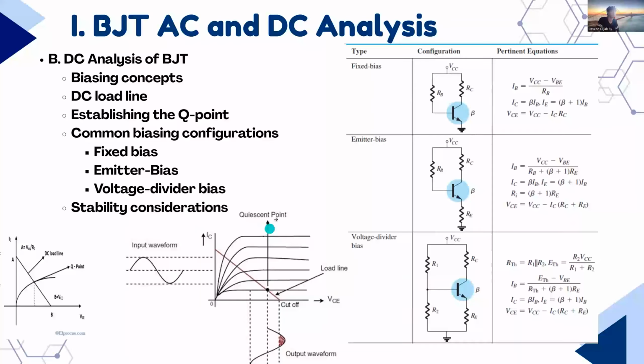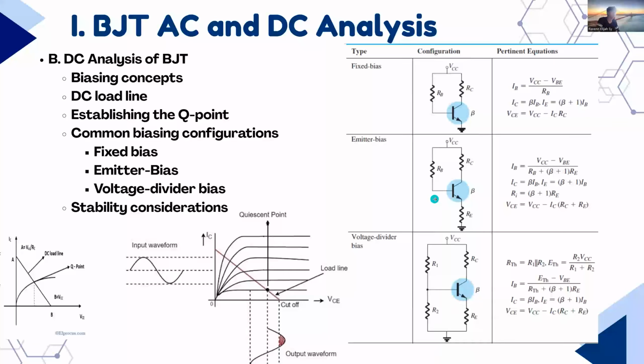Stability is critical because semiconductor parameters are temperature dependent. Like I said, BJTs are temperature dependent. As temperature rises, the leakage current ICBO and beta increase.